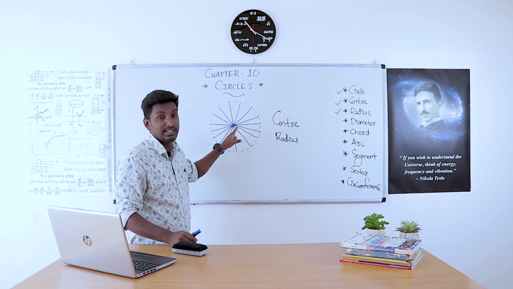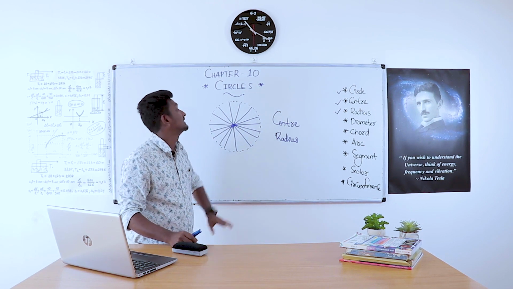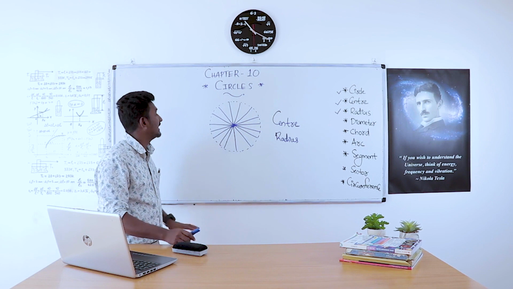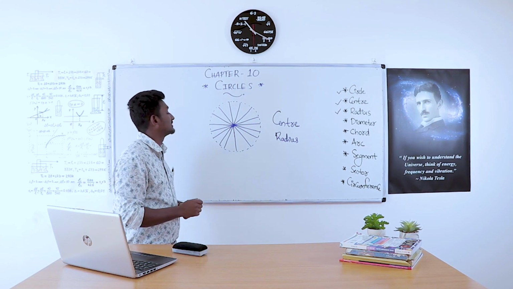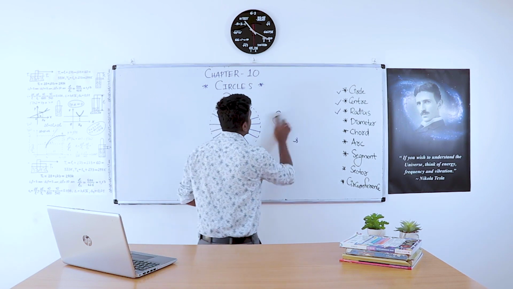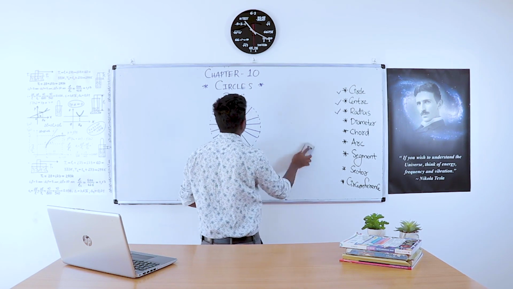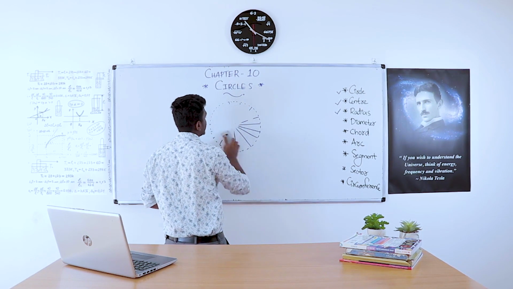When we take the distance from the center to any point on the circle, it is the same everywhere and is known as the radius. Clear? Okay, that is what is called a circle, its radius and its center.